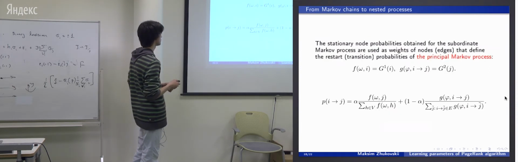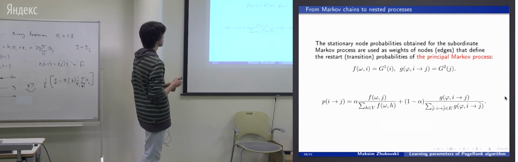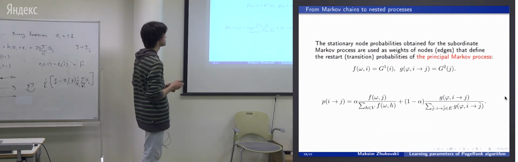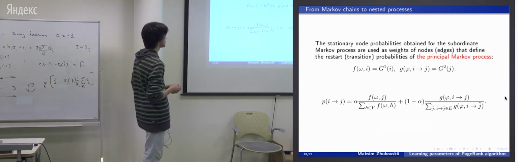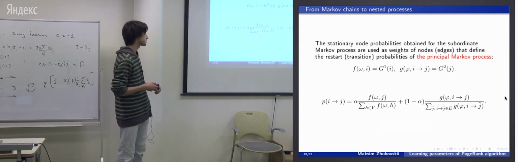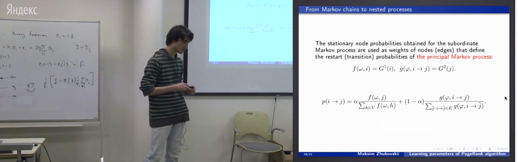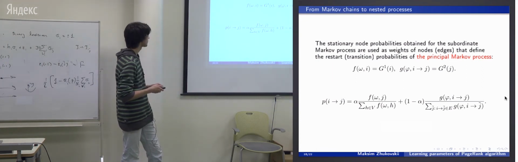So the weight of a page i is G1 of i, and the weight of a link from i to j is G2 of j. And then using these new weights, we consider the principal Markov process, and our feature is the stationary distribution in this process.